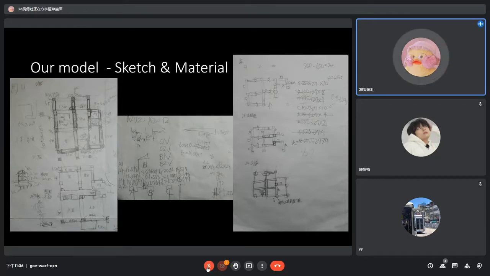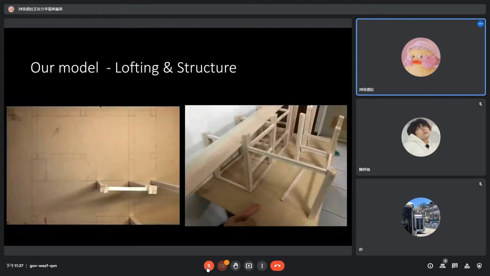When the model is made, it will be completely reduced according to the size. 1 to 27 is the most appreciated scale for us, and our columns and beams take a similar approach. Cutting all sides of the model wood is one goal. Next is lofting.